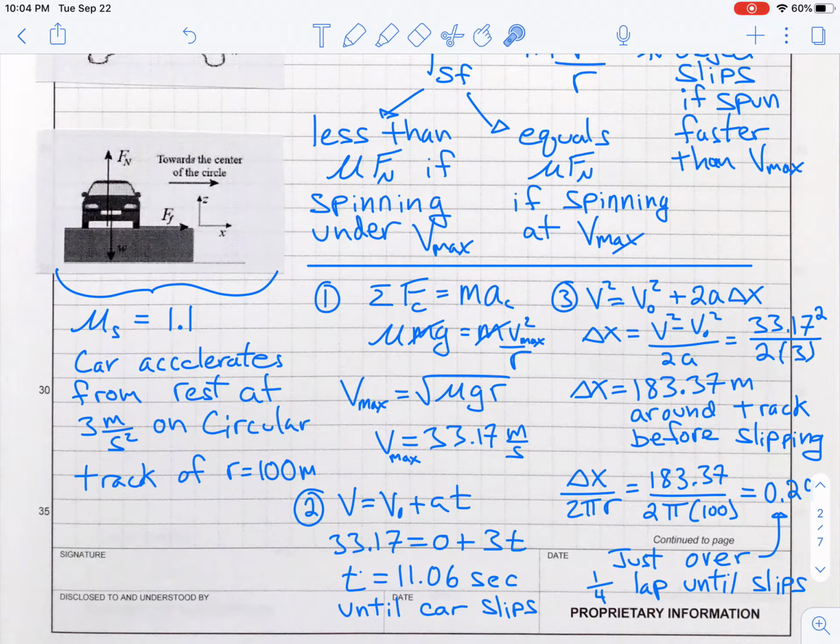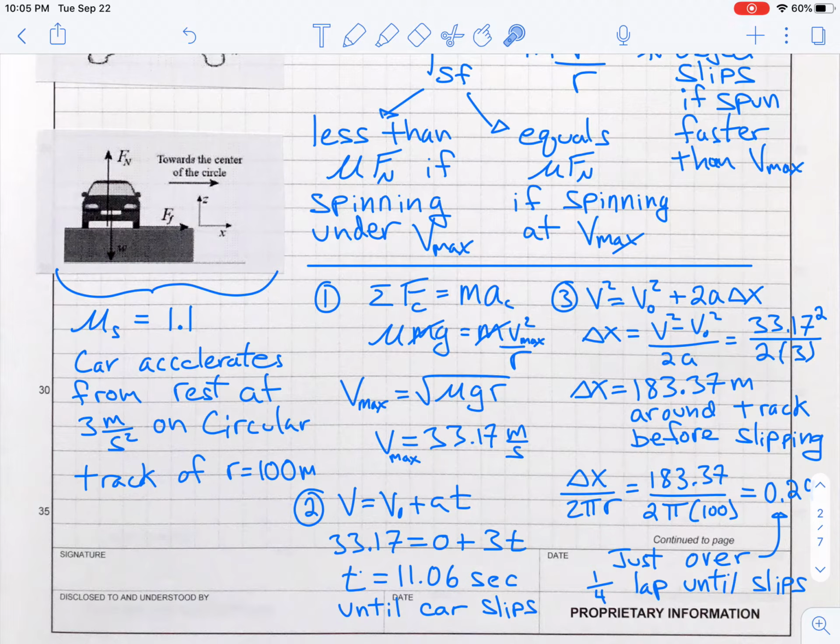So let me see here. Coefficient of friction for tires on roads might be 0.7 for dry roads and 0.4 for wet roads. It says here that some coefficients go as high as 0.9.